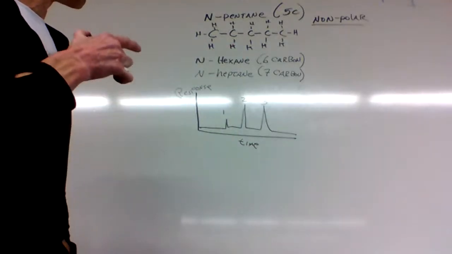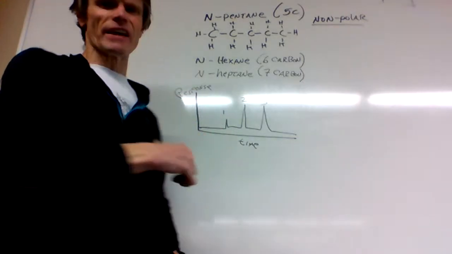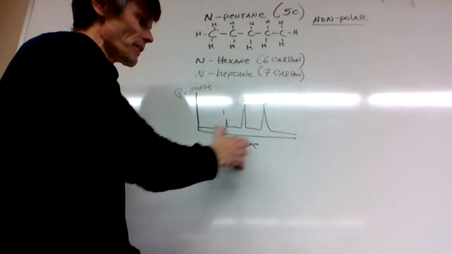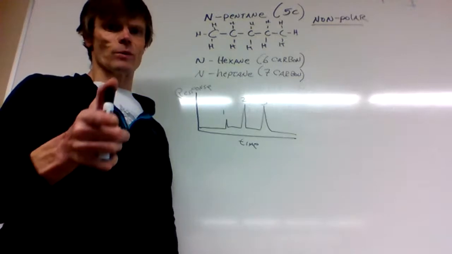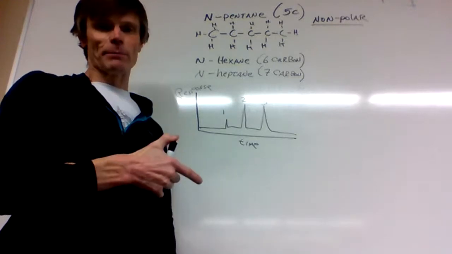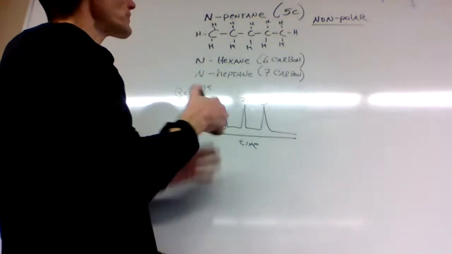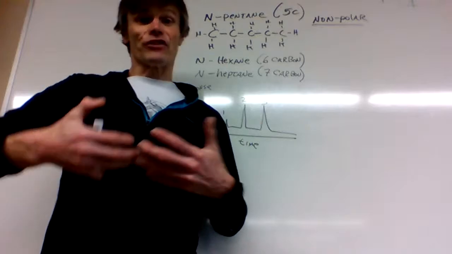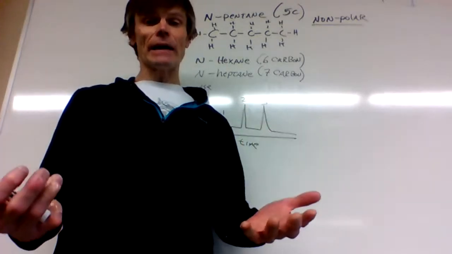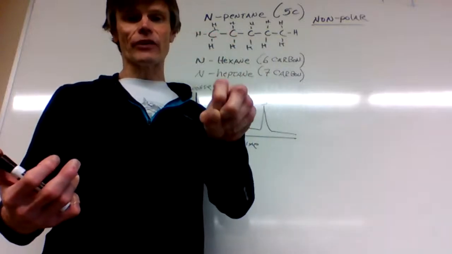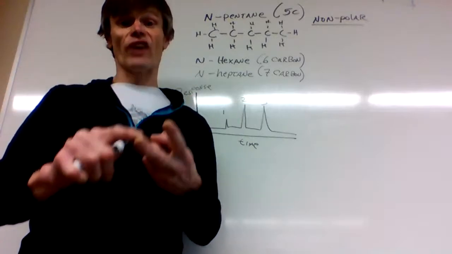So in this case, what's going to determine the order in which they elute, in which we see them in this chromatogram? Okay, you got 3 seconds. 1, 2, 3. It's boiling point. Boiling point is big. When all of our species that we're trying to separate have the same polarity, they're all non-polar, regardless of the column type, it's the boiling point of the substance that's going to determine which one elutes first, second, and third.